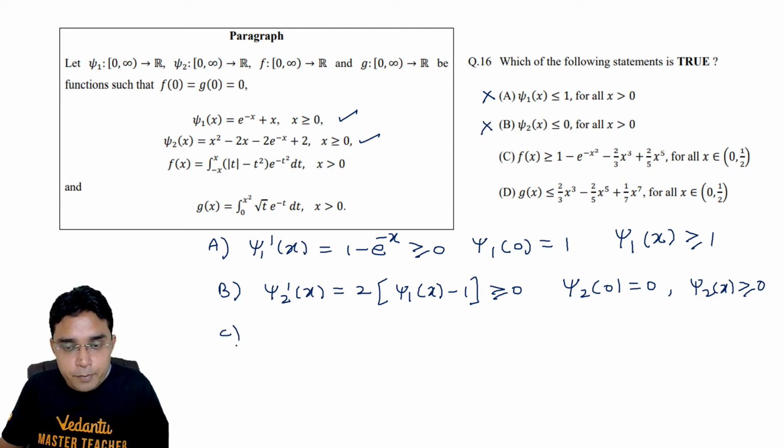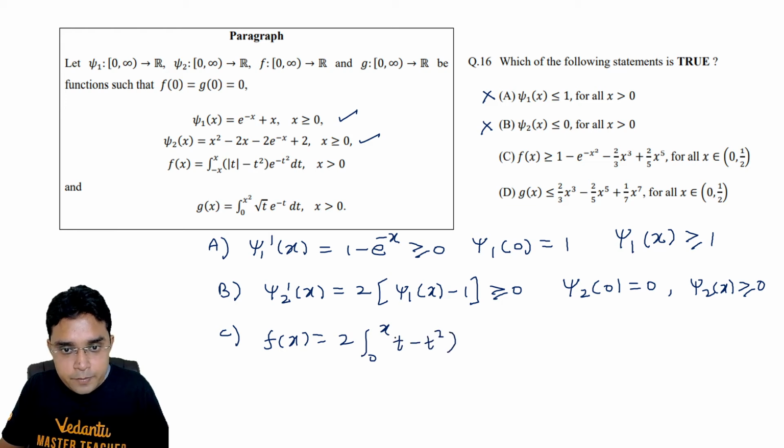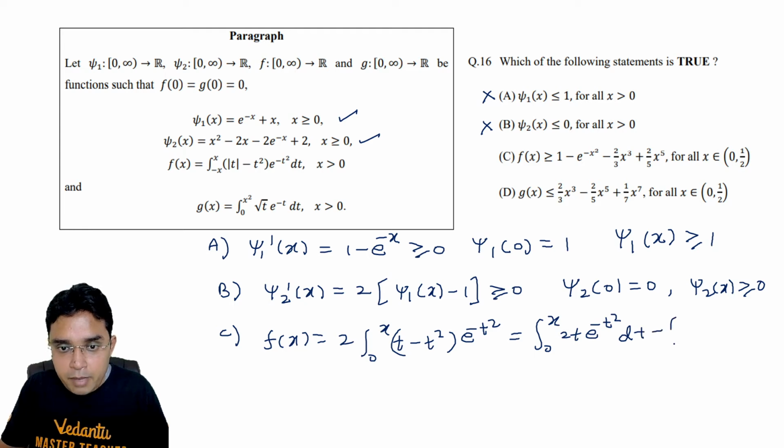Now to do the C part, f(x) is equal to 2 times the integral from 0 to x of (t minus t square) into e power minus t square. I can write it in two parts: integral 0 to x of 2t e power minus t square dt, and minus integral 0 to x of 2t square e power minus t square dt.